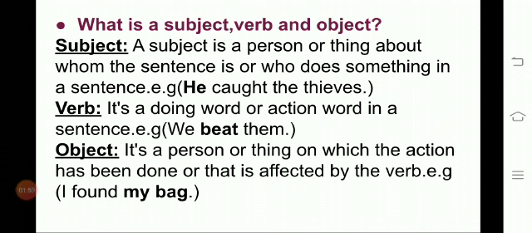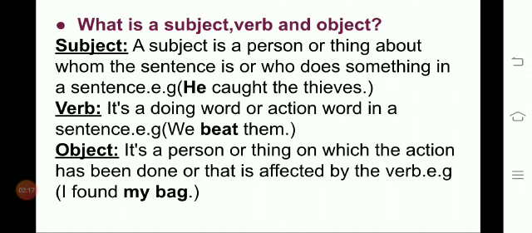Object. It's a person or thing on which the action has been done or that is affected by the verb. For example, I found my bag. My bag is the object in the sentence because it is affected by the verb here.